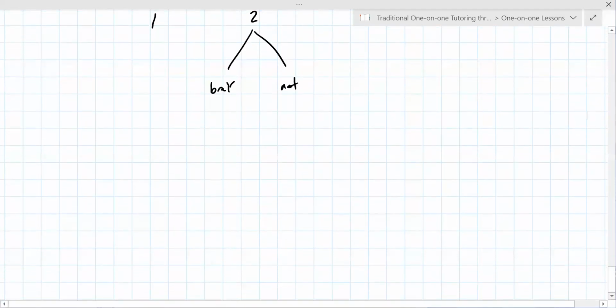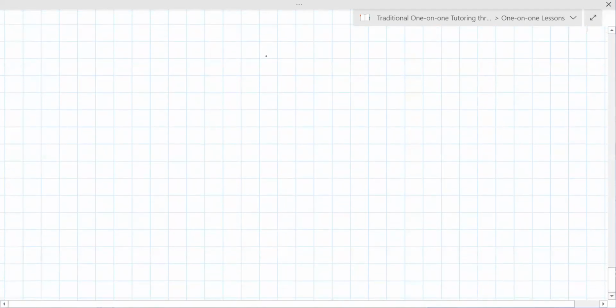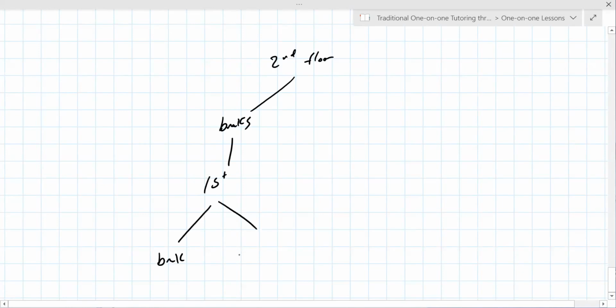Okay, so the answer here that I'm seeing is you go to the second floor, and if it breaks, you go to the first floor, and then you either know it breaks or doesn't break. But if it does not break, you go to the 4th floor.